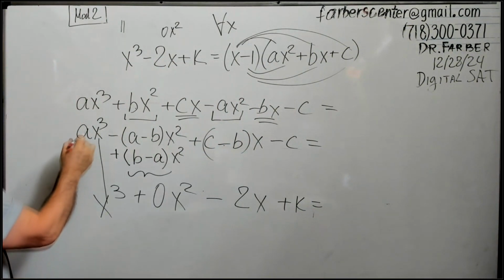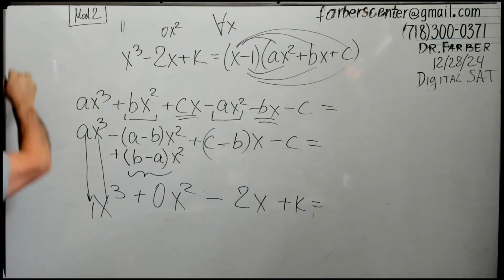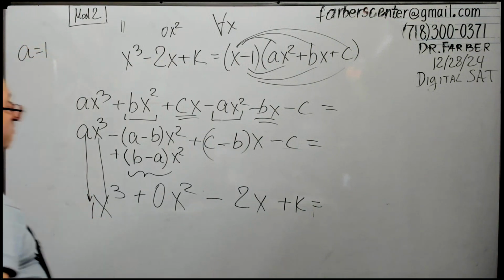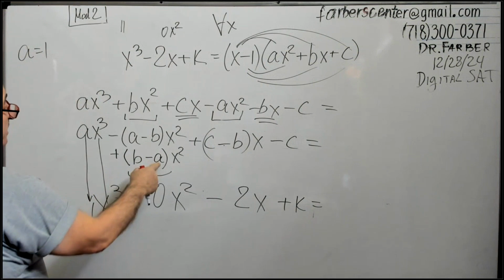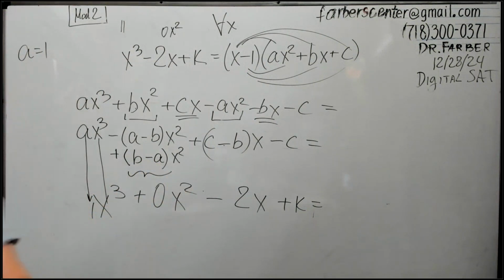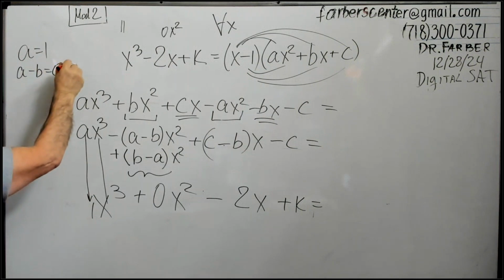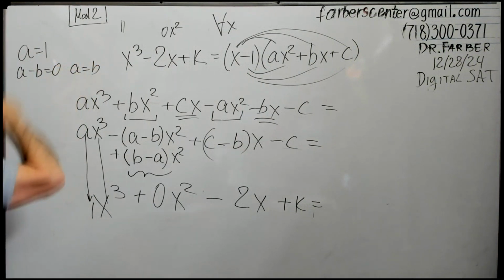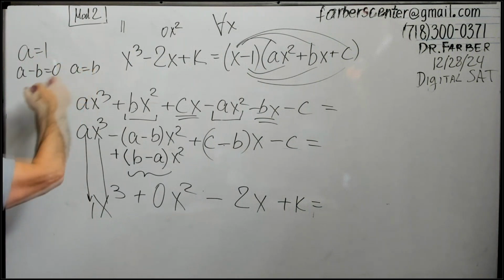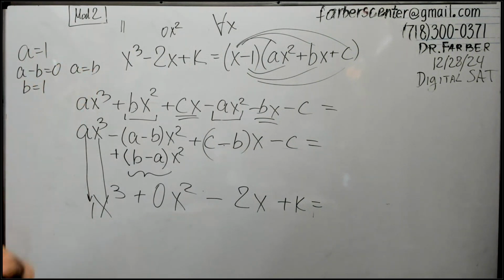So you can see that a equals 1. I write here a equals 1, the coefficient supposed to be. Okay. b minus a equals 0, or a minus b equals 0, whatever you have. So a equals b. Since a equals 1, b equals 1. Plug in. And what else?